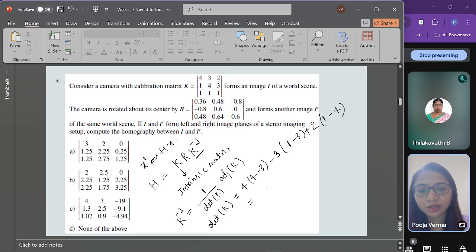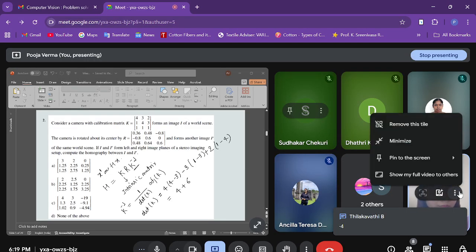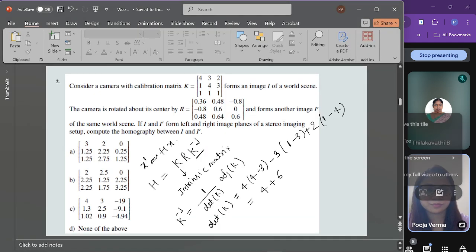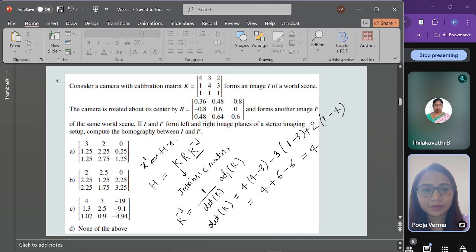So here you will get 4, here plus 6 because 1 minus 3. Yeah, someone is giving an answer, I think. Yeah, minus 4. Okay, let's see. And here you will get minus 3, so minus 3 into 2. So here you will get minus 6. So that will cancel out. Here you will get 4, not minus 4. Here you will get 4 only.